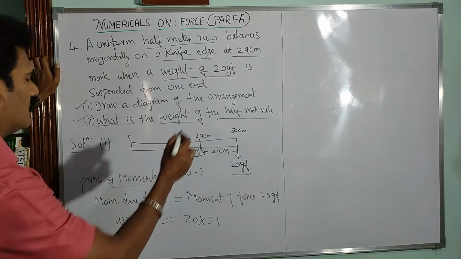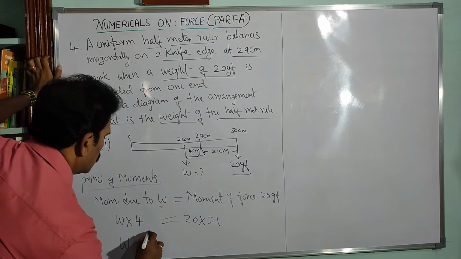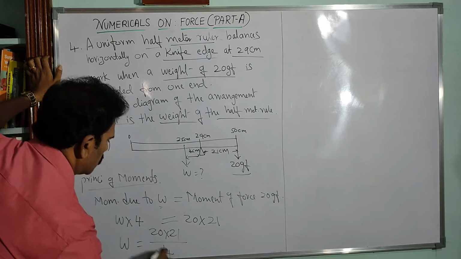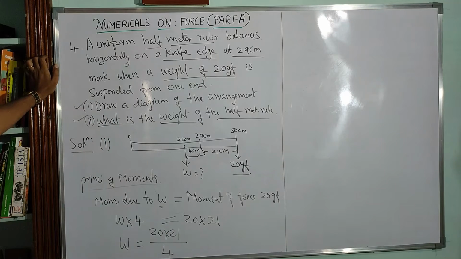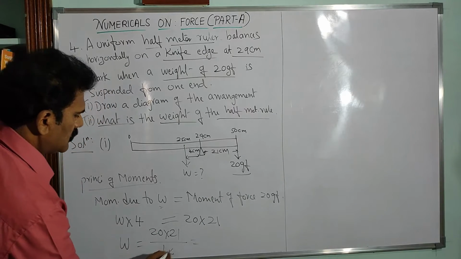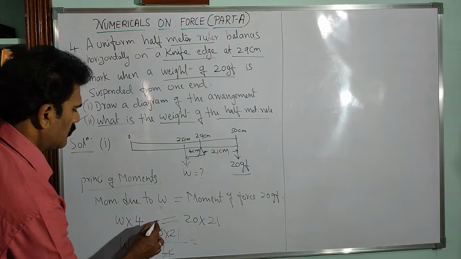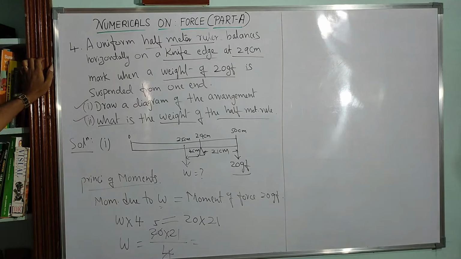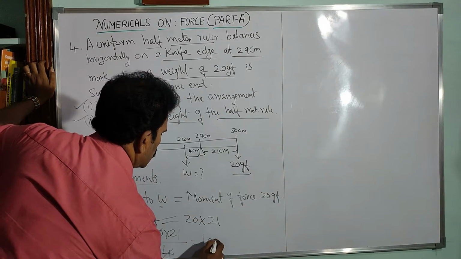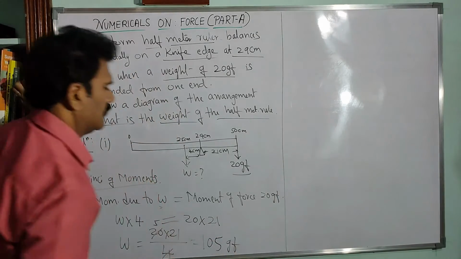So you have to find out W, the weight of the half meter rule. W is equal to 20 into 21 divided by 4, by cross multiplication. Clear? Now to calculate this, cancel the 20 with the 4 first, then 5 into 21 is equal to 105 GF.